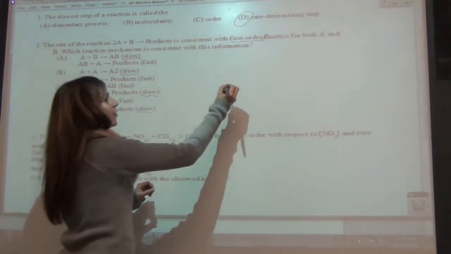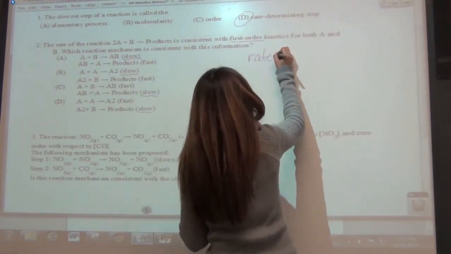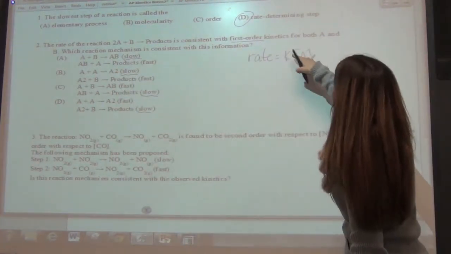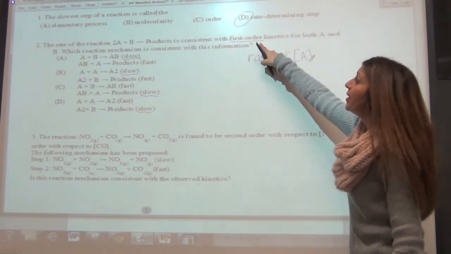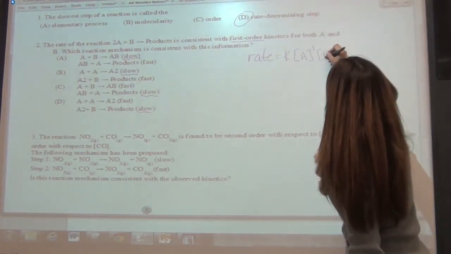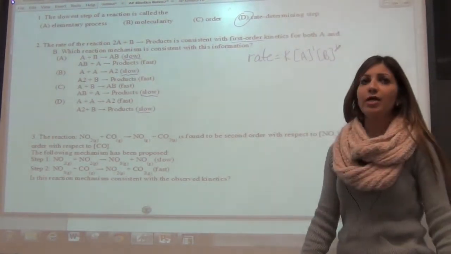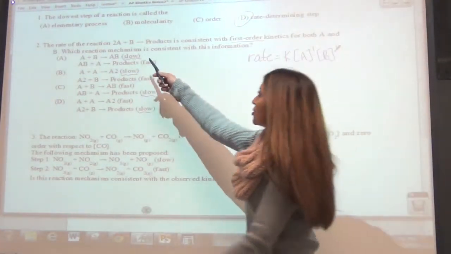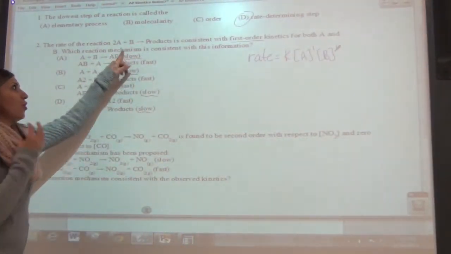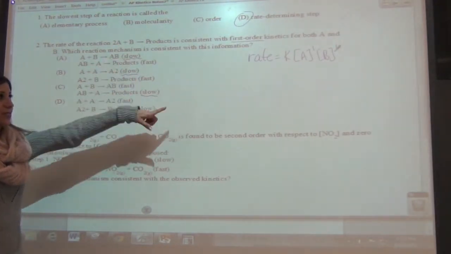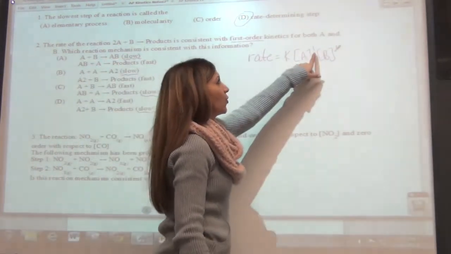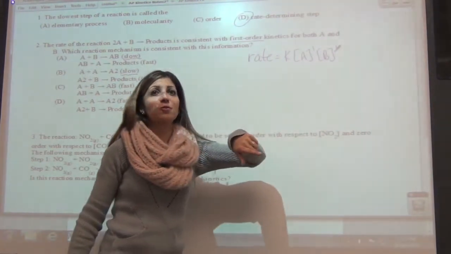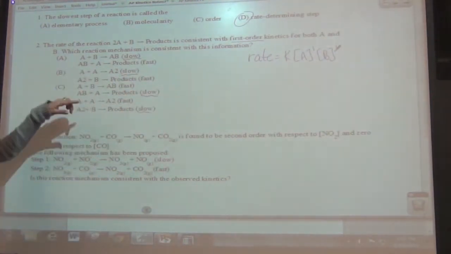So if I were to write a rate law for it, I would say rate is equal to k times A to what power? To what order? 1. Times B to what order? 1. Okay, so it's going to be rate is equal to k[A][B], which if you look at this, keep in mind that the coefficient isn't mattering to you. It's actually whatever your order is that they tell you that was determined experimentally, that's what matters.